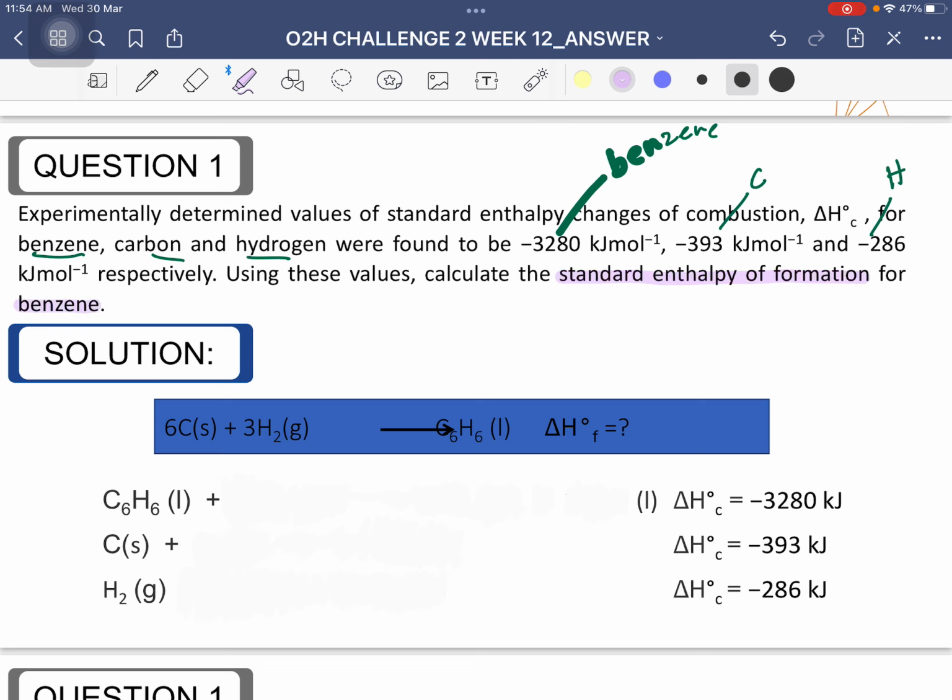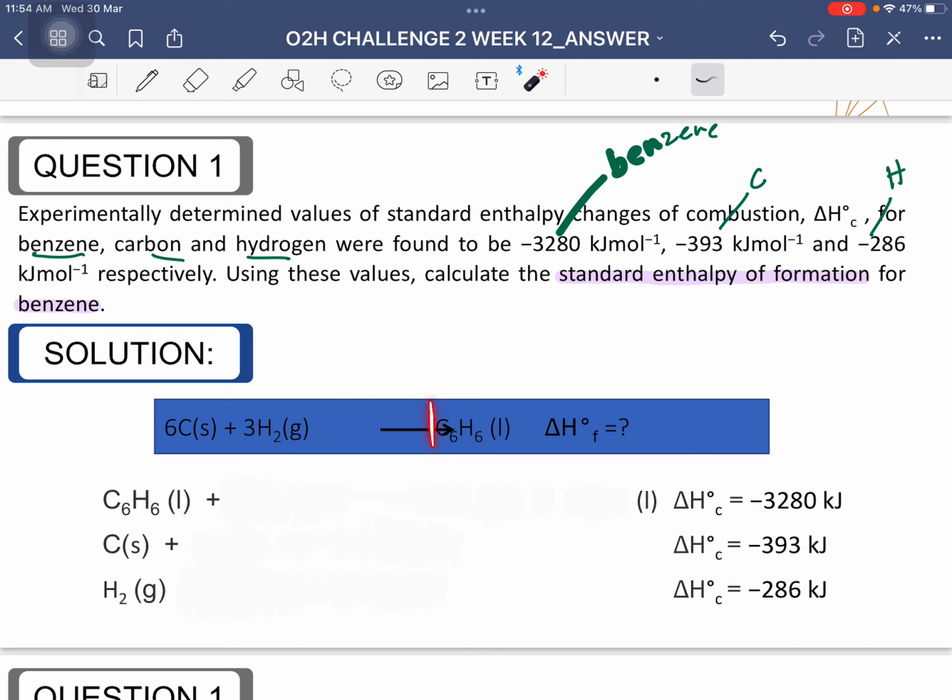Okay, so now we need to find the standard enthalpy of formation of benzene. Therefore, we need to construct our equation. According to the definition of enthalpy of formation, that is when 1 mole of compound forms from its elements. The elements required to construct benzene are carbon, solid, and hydrogen gas.